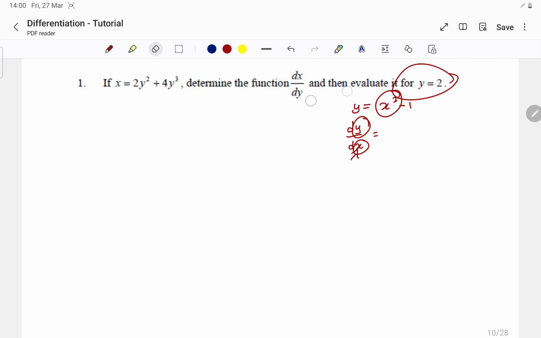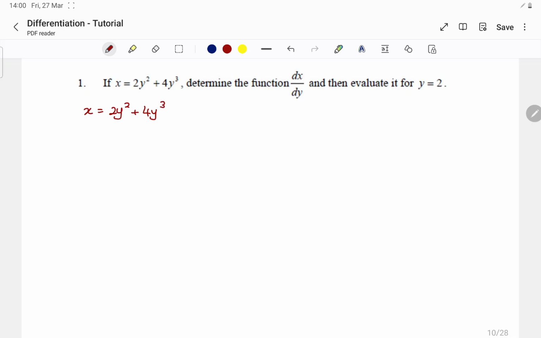Okay, so we proceed. The first step is to extract all of the information. We have x is equal to 2y squared plus 4y cubed, and they ask us to find dx dy, so differentiate only. Differentiate y. 2 you bring in front, you're going to get 2 multiplied with 2, y square you maintain, and then the power you minus with 1.